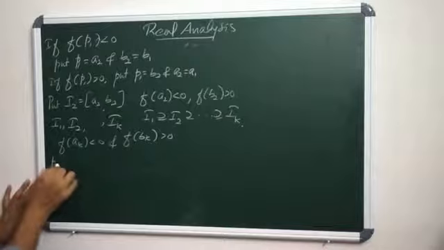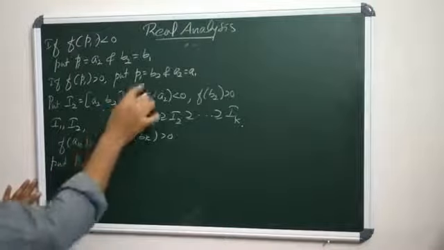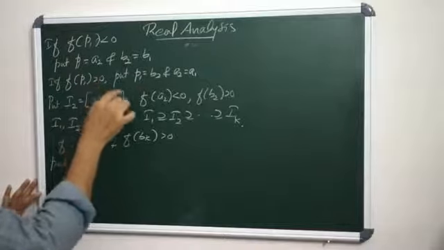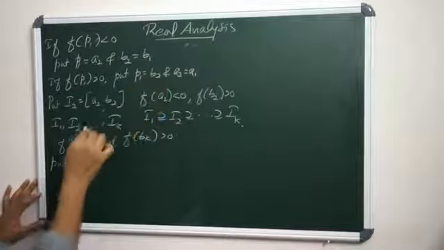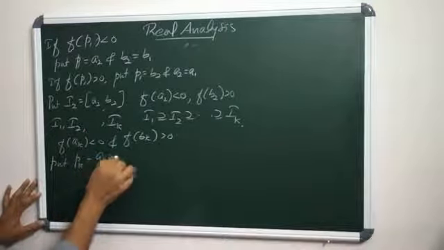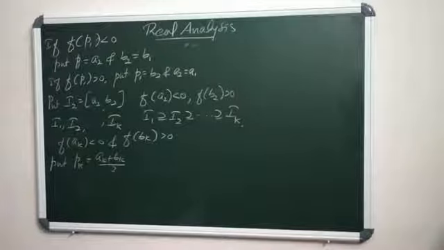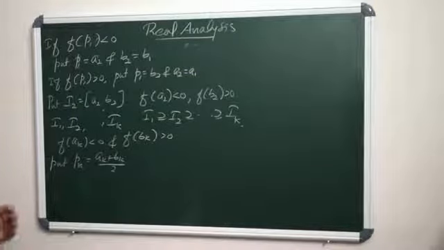Then put pk. We know that p1 equals (a1 plus b1) by 2. So pk equals (ak plus bk) by 2. Similarly p2 is (a2 plus b2) by 2, and so on.